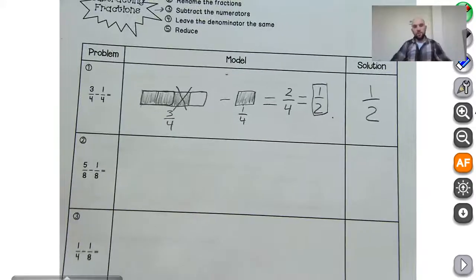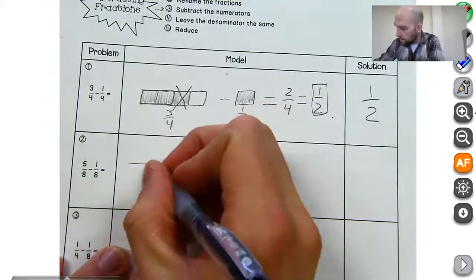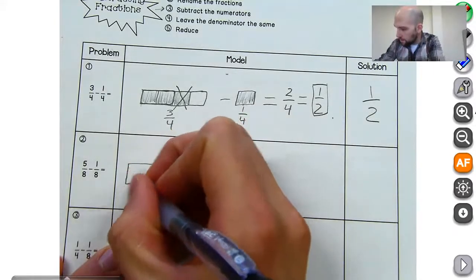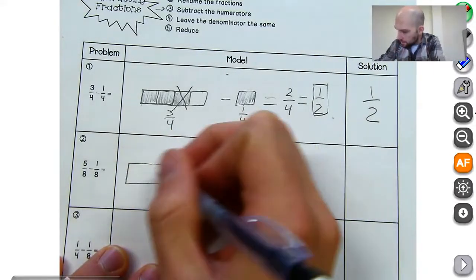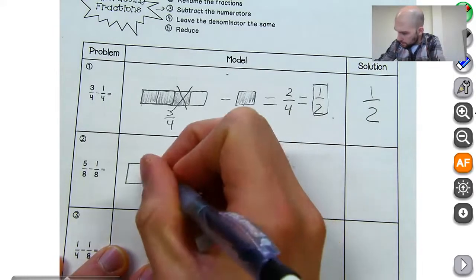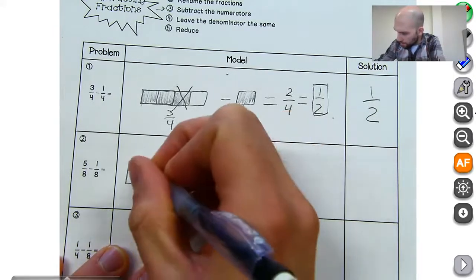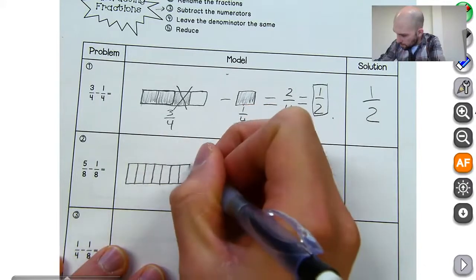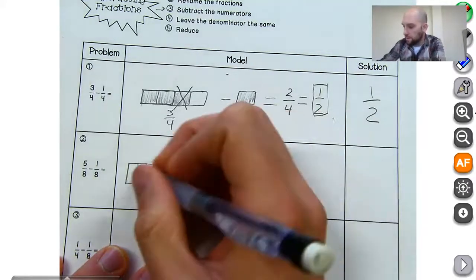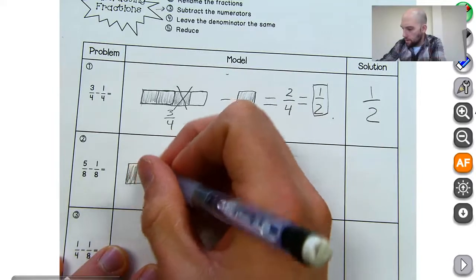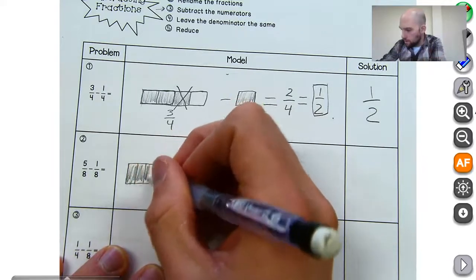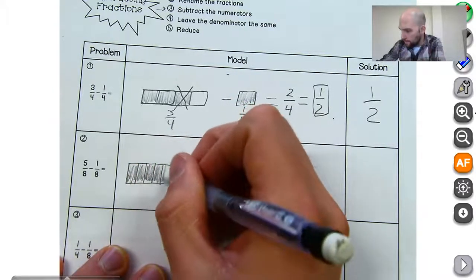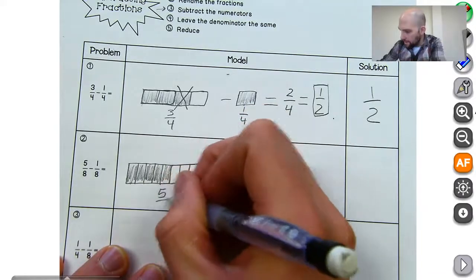Next, for number 2, we have 5/8 minus 1/8. So it's going to be the same thing. We're going to have a rectangle here, and we'll make eighths. So we'll make fourths, and then we'll cut our fourths in half. So we have 8 equal pieces. We have 1, 2, 3, 4, 5, and this is 5/8.